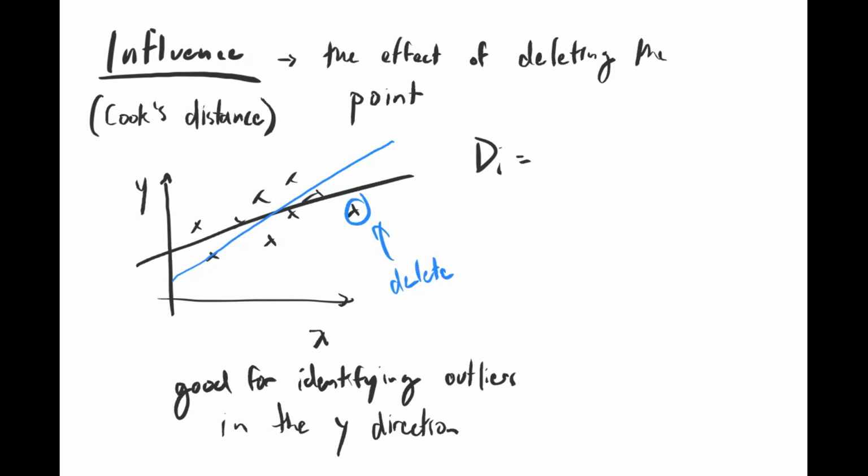So I see a question, isn't there a method called jackknife that's similar to that? I don't want to say anything about that. I think you're right, but I don't have it clear in my mind exactly what jackknife is, but I can look into that and get back to you.